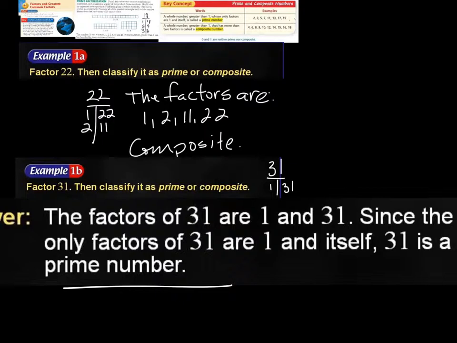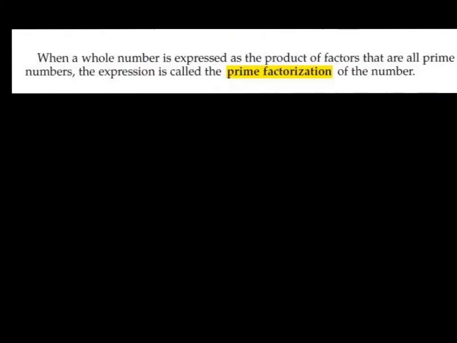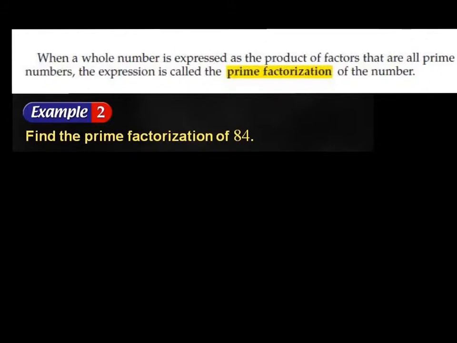One of the other skills that you did in previous classes is writing a prime factorization. Directions may have just said write this as a product of primes, but when a whole number is expressed as a product of factors that are all prime numbers, the expression is called a prime factorization of the number. Now for these, I like that good old factor tree method.